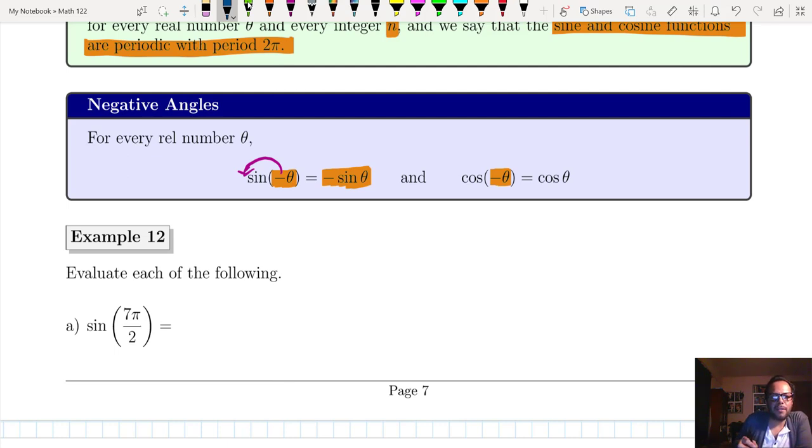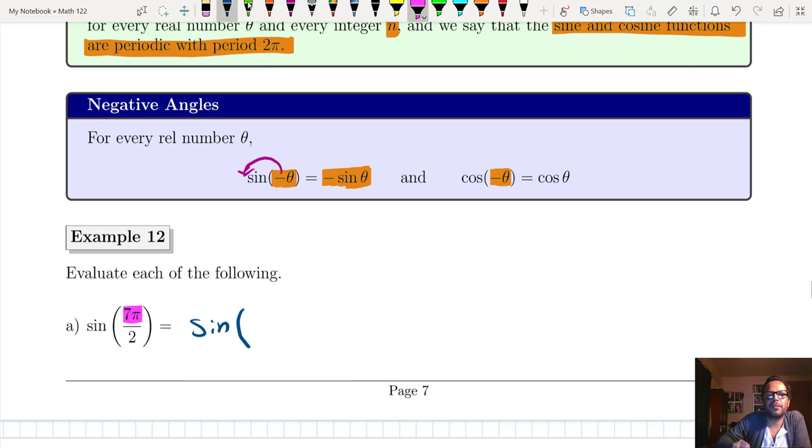The idea is to rewrite this 7 pi. I'm going to break it up in a way that I get a 2 pi.